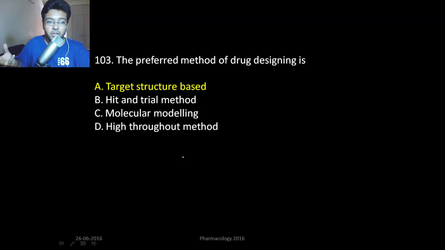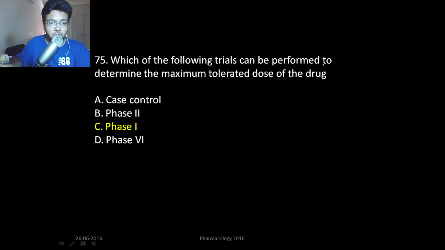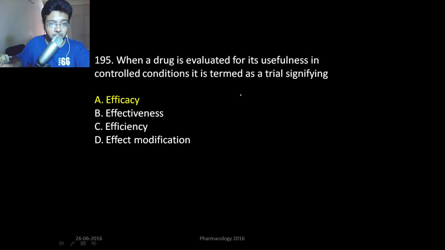So the preferred method of drug designing is target based, right? And for drug designing, one of the concerns is that you want to increase the interaction with the target protein. First, the following trial can be performed to determine the maximum tolerated dose. You say it is phase 1, right? If you want to know the usefulness in a controlled condition, it is called efficacy.